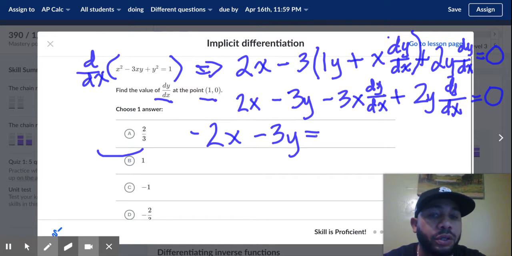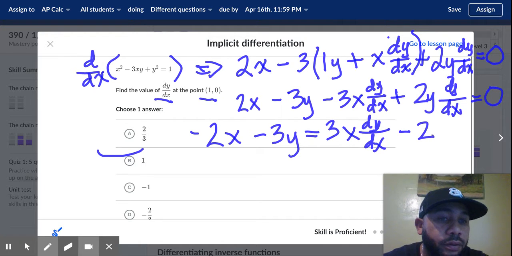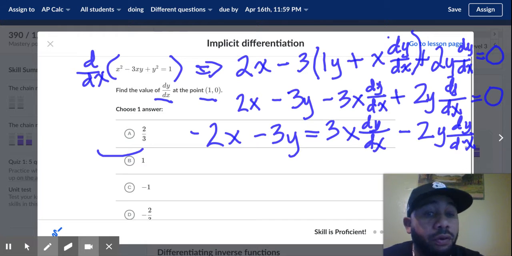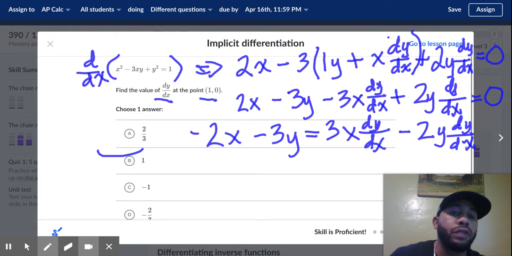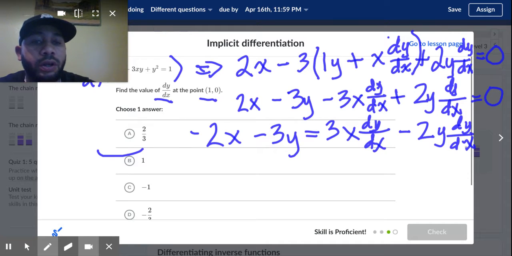So I added 3x dy/dx and I subtracted 2y dy/dx. And now I'm going to factor them out and then divide them. I'm moving a little faster. This is not an algebra 1 class. So I'm going to factor these out and divide them.